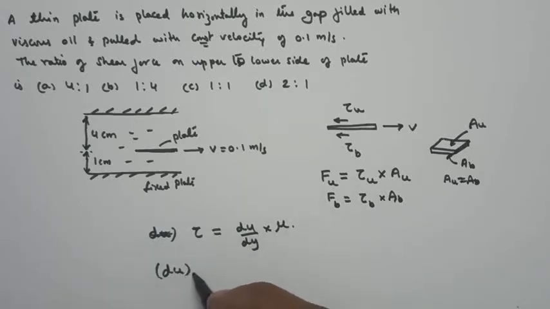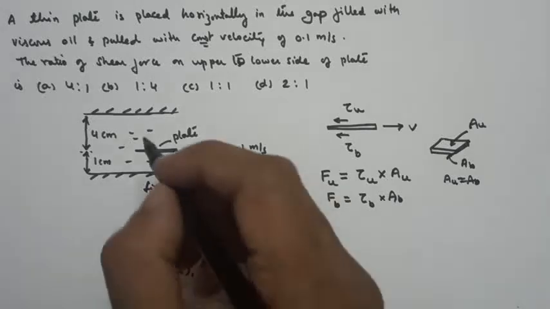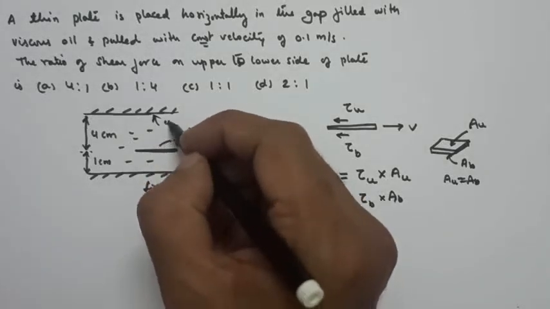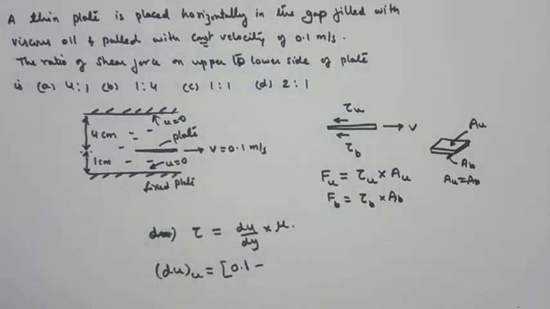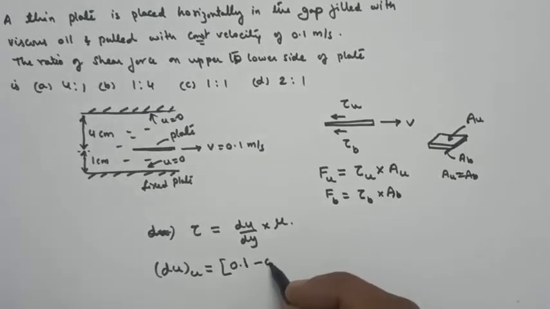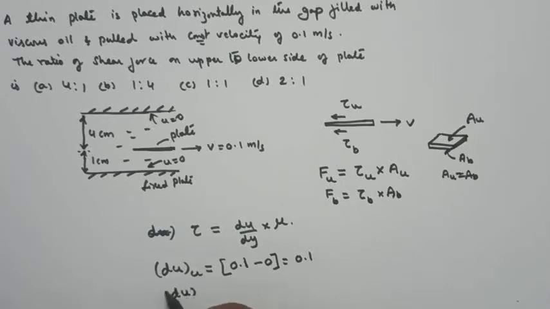For the upper side, du is the velocity of the plate, that is 0.1, minus the velocity at the boundary, which is going to be 0, for the bottom as well as the top. So 0.1 minus 0 is 0.1. Similarly, du for the bottom side B is also 0.1 minus 0, so this is also 0.1.